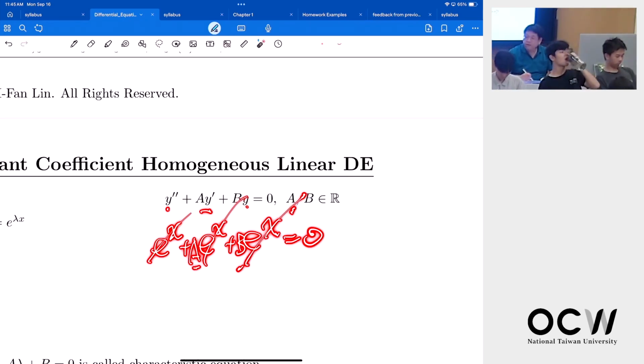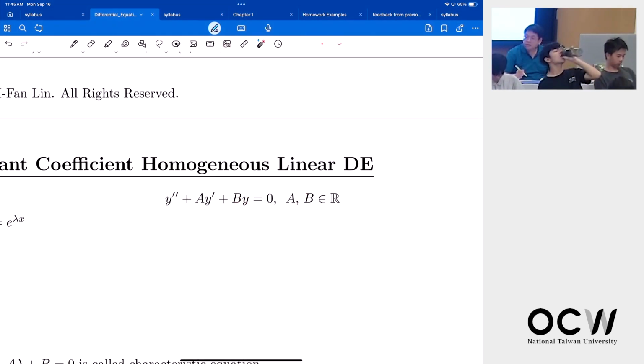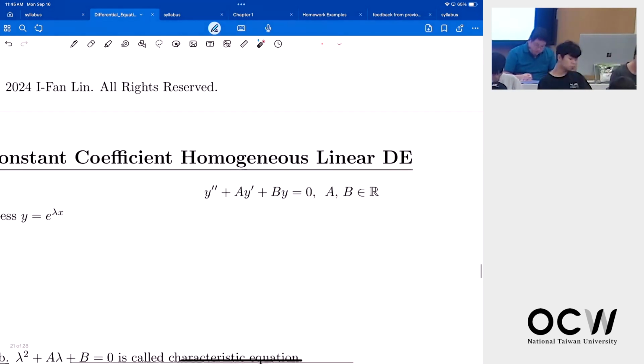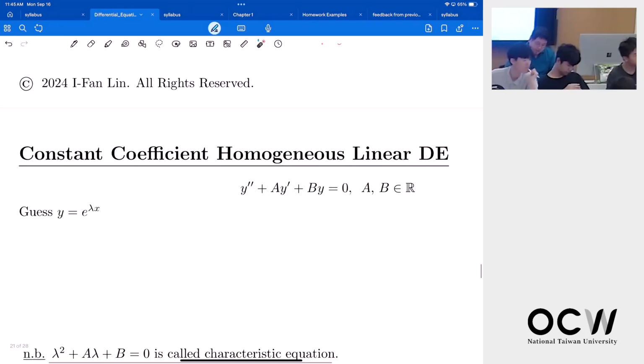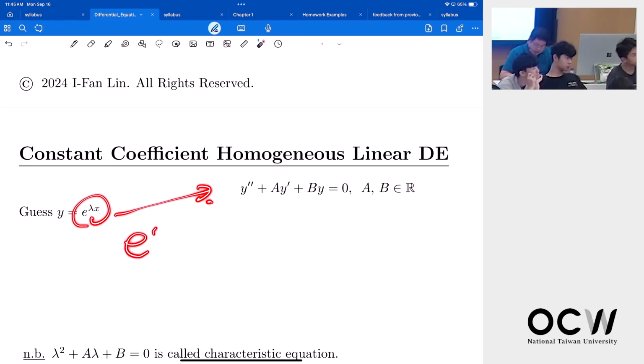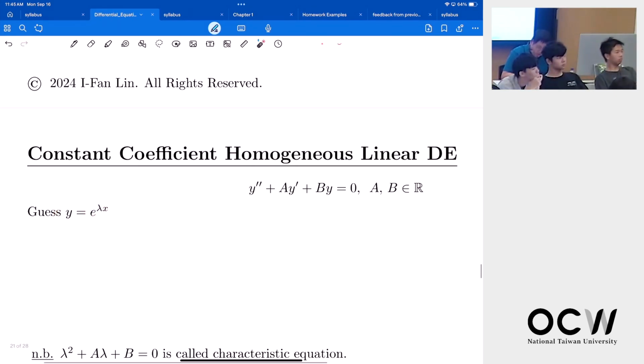Then I try to find a and b that will satisfy this equation, because we know a and b. All right. So one way is we can guess the solution is exponential, but it's not e to the x. It's e to the lambda x, and lambda could be varied. So in this case, what is y prime?